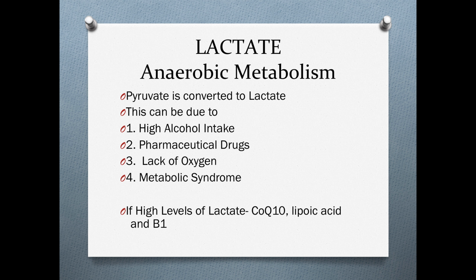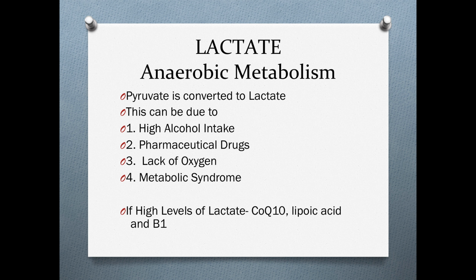We also can look at lactate as a marker. So pyruvate can be converted to lactate, and it is an anaerobic metabolism. And this in part is a normal function in skeletal muscle, but it also can be high due to high alcohol intake, too many pharmaceutical drugs, hypoxia or lack of oxygen, and metabolic syndrome.